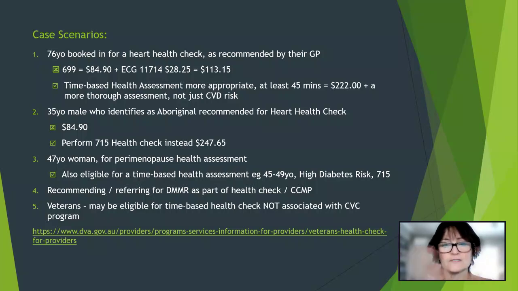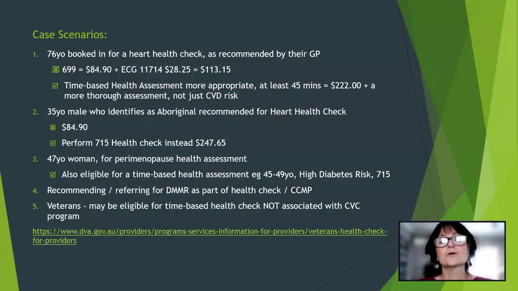But whilst you're having a conversation about that, it might be worthwhile getting them to come back another time to do further assessments, because they are also eligible to do a 45 to 49-year-old health check, which is again a bit more holistic, a middle age, stage of life health check.